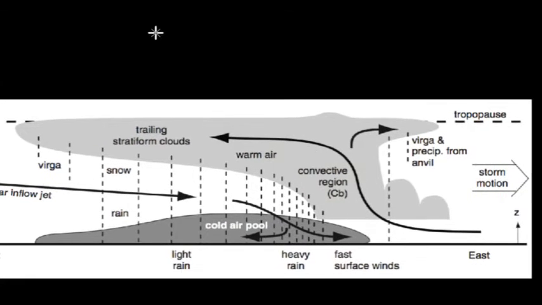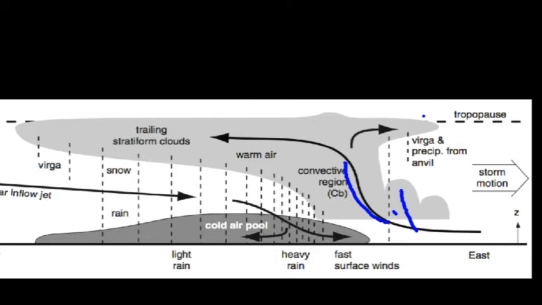So there's a look at a conceptual MCS right there. That can be defined by size, greater than 100 kilometers is one definition, by time, greater than 3 hours. But the important thing is that the MCS is longer lived than the convective elements that form it, like these updrafts and the storm too.